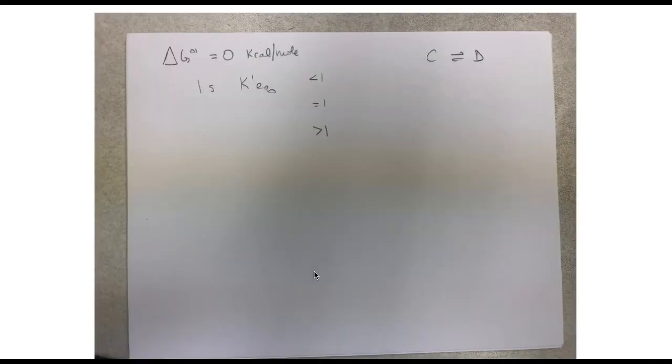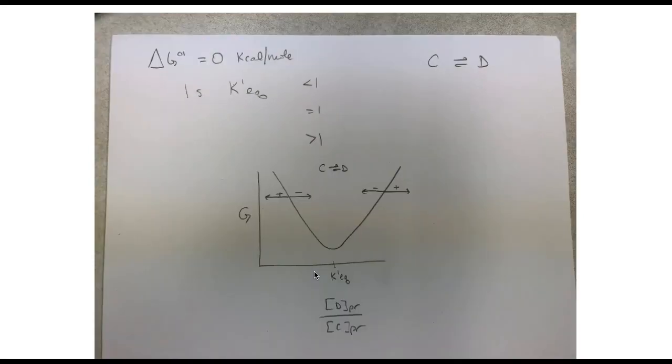A third illustration. Suppose I told you that the conversion of C to D, a reversible reaction, has a standard free energy change of 0 kcals per mole. What can you tell me about the equilibrium constant? Well, we're going to do the exact same thing. Plot free energy of the system on the y-axis, all ratios of product to reactant, in this case D to C, on the x-axis.